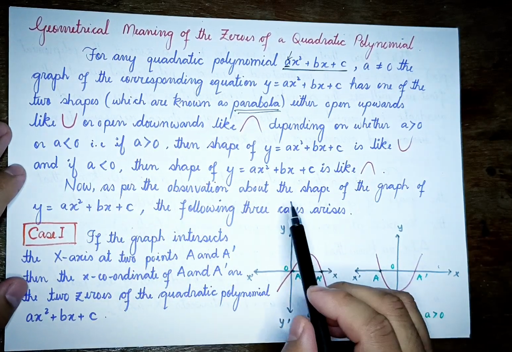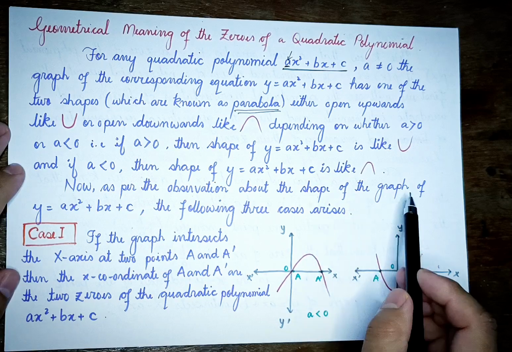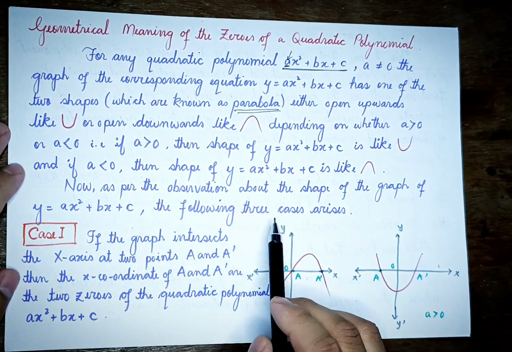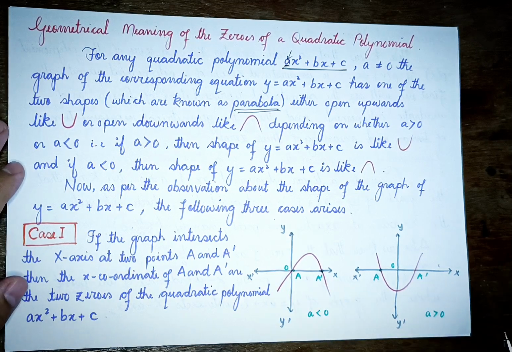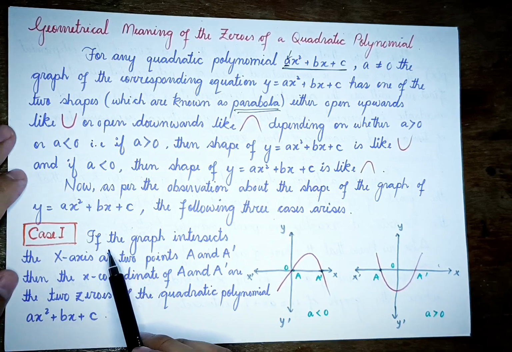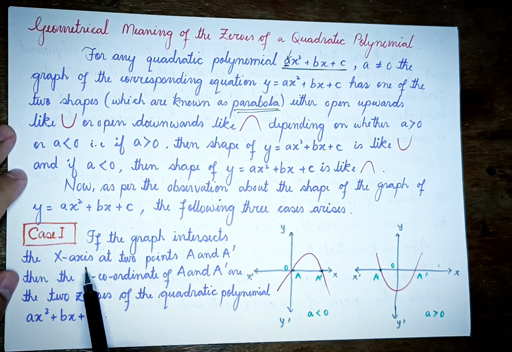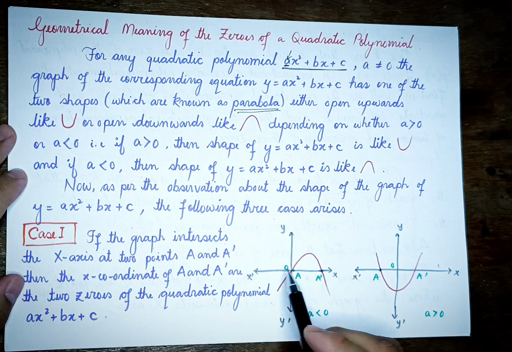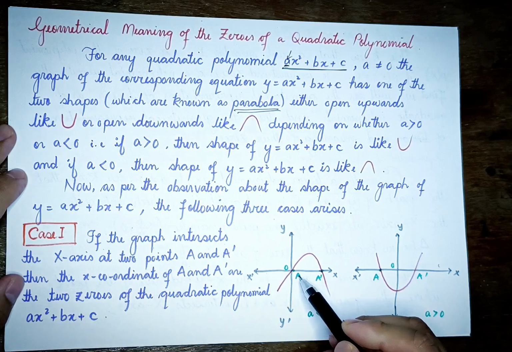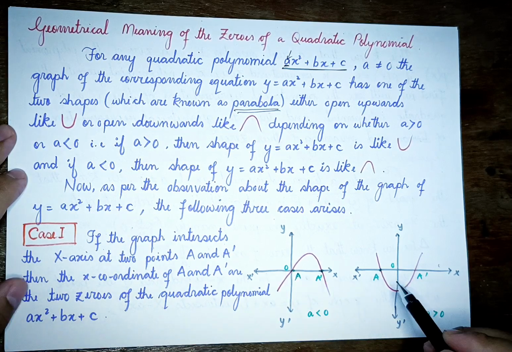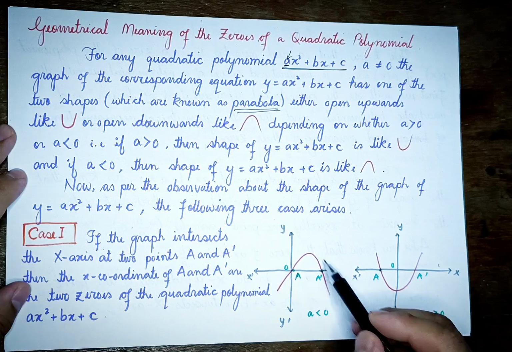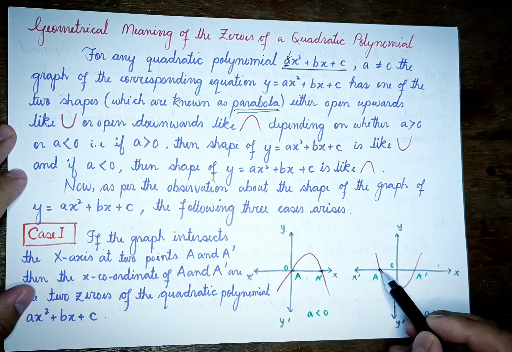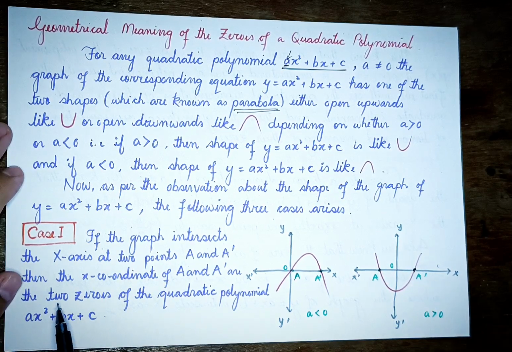Now, as per the observation about the shape of the graph of y equal to ax squared plus bx plus c, the following three cases arise. Case number 1: the graph intersects the x-axis at 2 points. Here the graph, open downwards or open upwards, intersects the x-axis at 2 points, here at A and A prime.